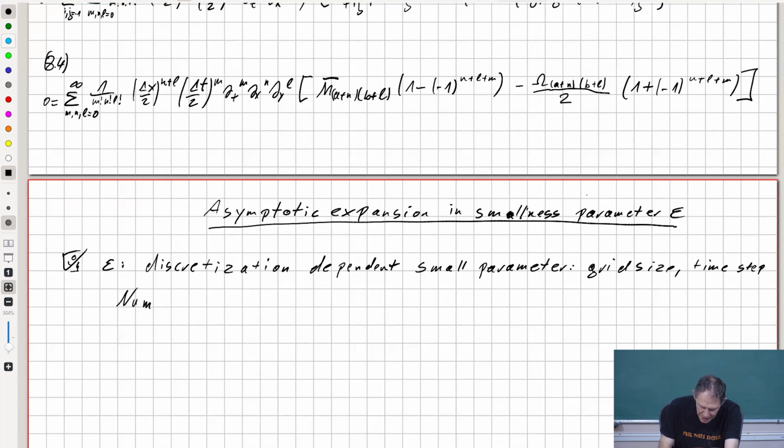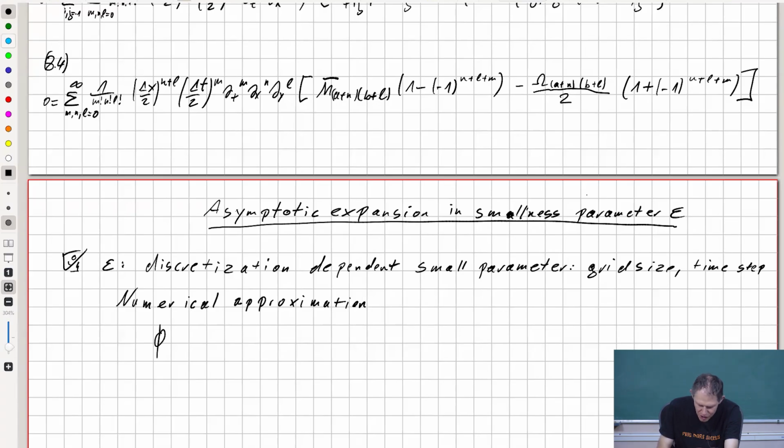So then a numerical approximation in general, very general, looks like this.